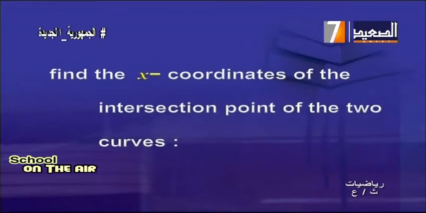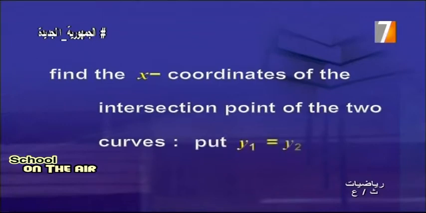To find the x coordinates of the intersection points of the two curves, put y1 equals y2. Then, since y1 equals x power 2, then y2 equals root x power 2 equals square root of x.